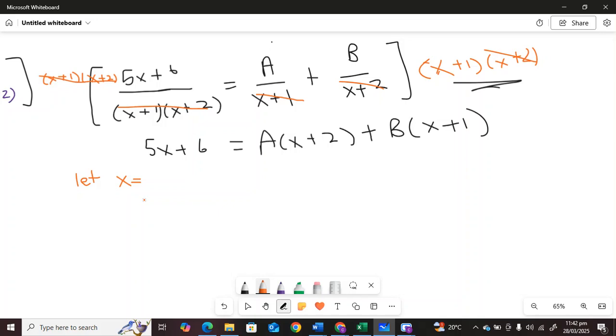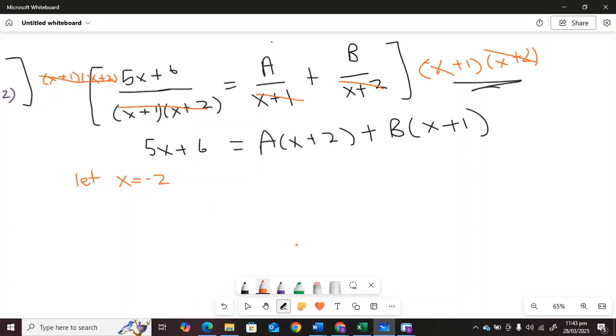I'll give you practice questions, because with this one, there's a lot that's happened in this equation. First, we divided. Now here we're trying to get the value. So it's a long process, and we'll do some practice questions. So let x equal -2.